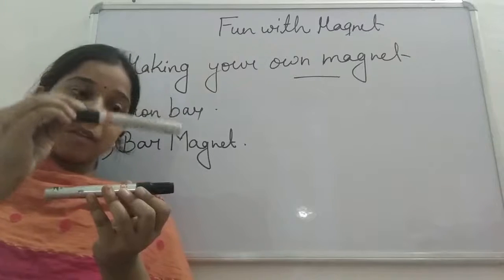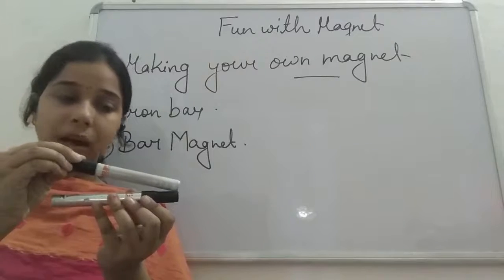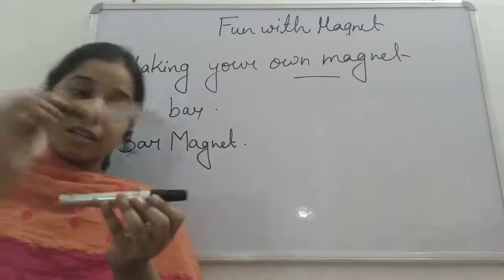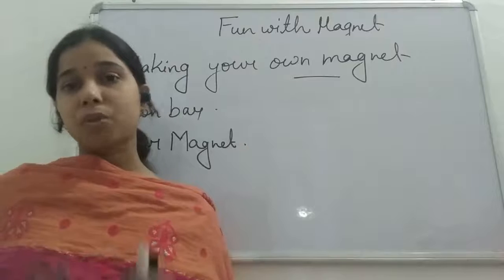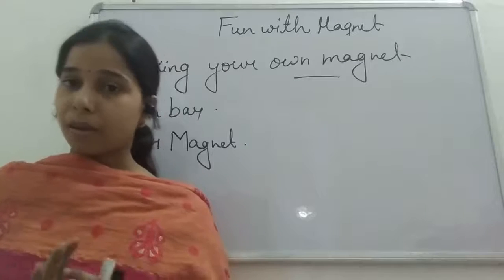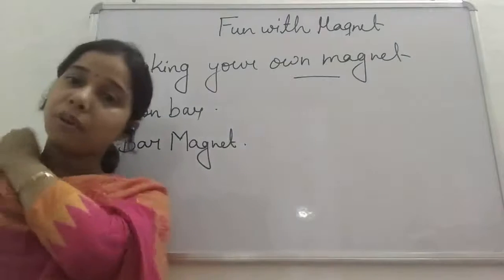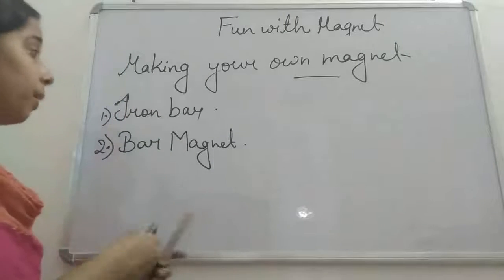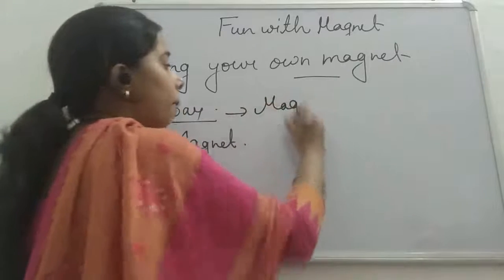Then we will place it on the same end of the iron bar and start moving it over the entire length. So we will do this process 30 to 40 times over the iron bar, student. And due to this, after 30 to 40 times, you will see that this iron bar will start behaving like a magnet.